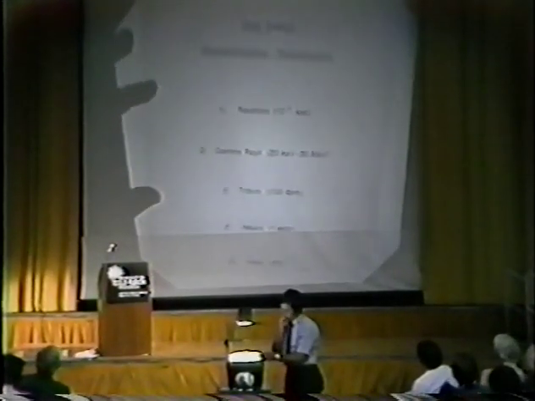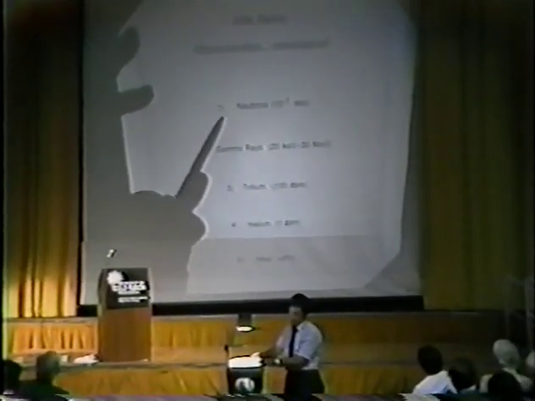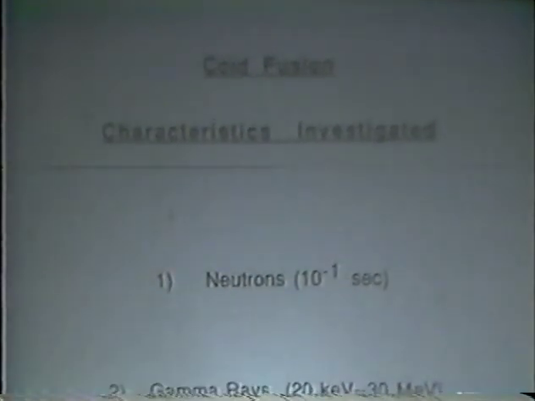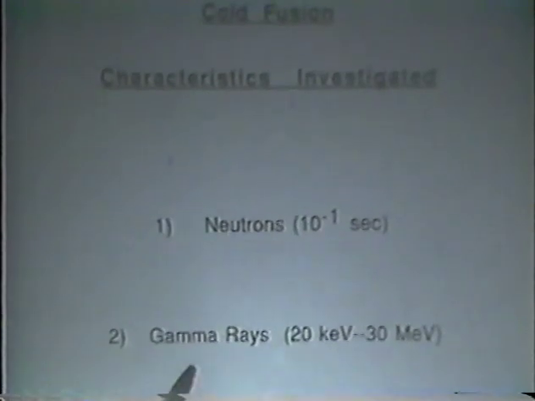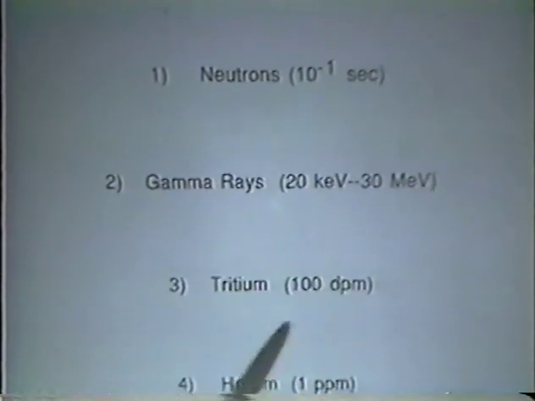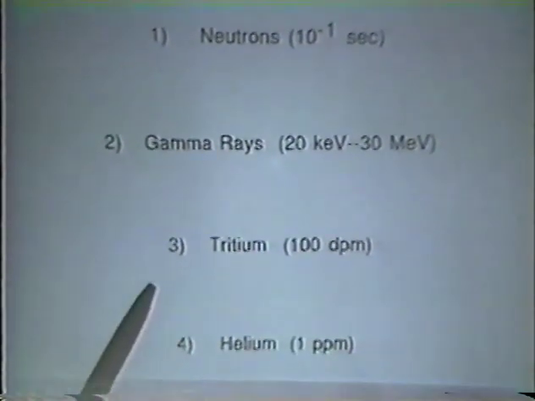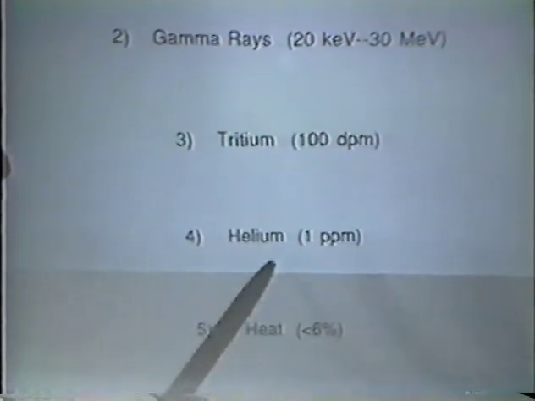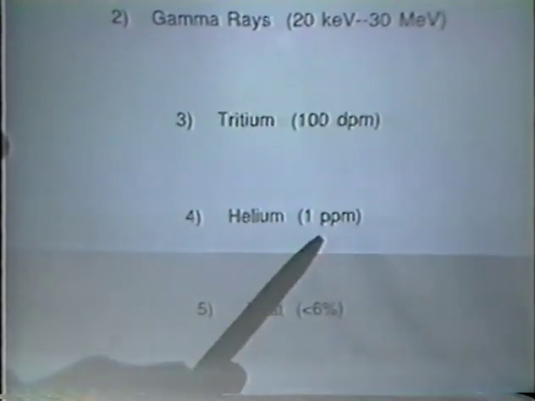We've looked for 5 characteristic features. Neutrons at a level roughly of 1/10 of a neutron per second on average. I'll be more specific a little later. Gamma rays from 20 keV to 30 MeV. Tritium at the level of the natural background of tritium in D2O, at least in our commercial D2O. Helium at the resolution of our mass spectrometer. It's actually better than that.